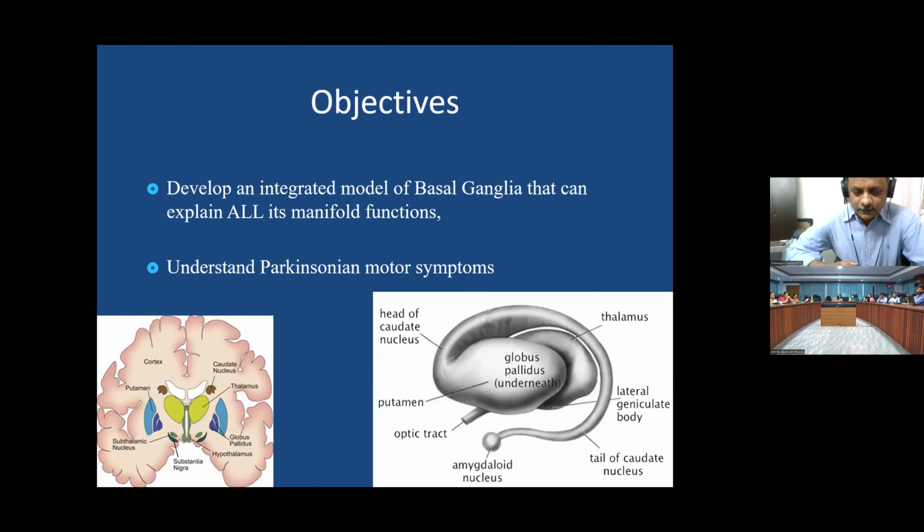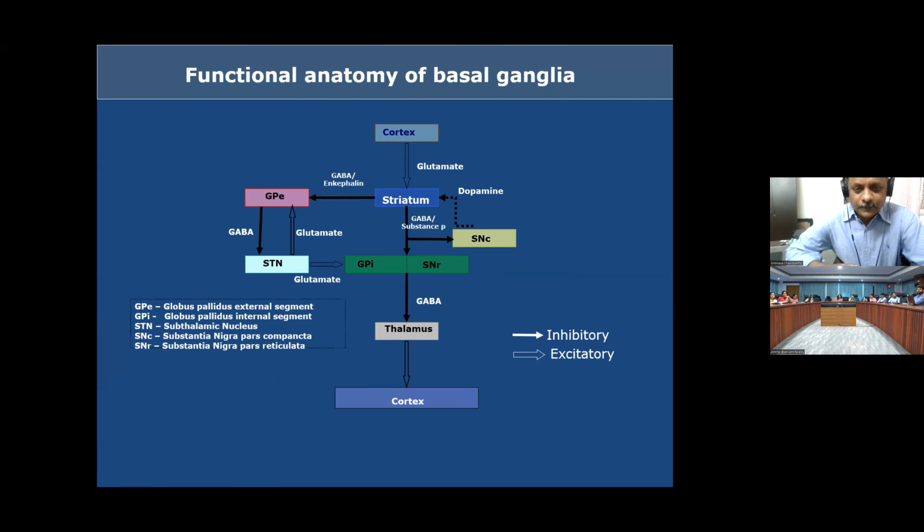It's quite fascinating to know that such a small brain system can have influence on pretty much everything that the brain does. So it's quite challenging to understand how this is possible. Our goal is to understand Parkinson's and the basal ganglia in all its facets, and then with that understanding, with such a quantitative model, develop treatments for Parkinson's.